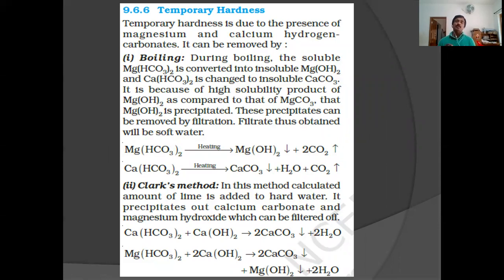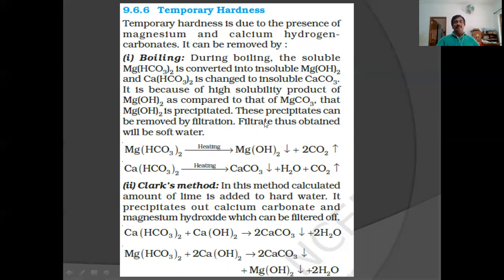Temporary hardness is due to the presence of magnesium and calcium hydrogen carbonates, or magnesium and calcium bicarbonates. If only bicarbonates are present in water, the hardness will be temporary hardness. It can be removed by simple boiling.